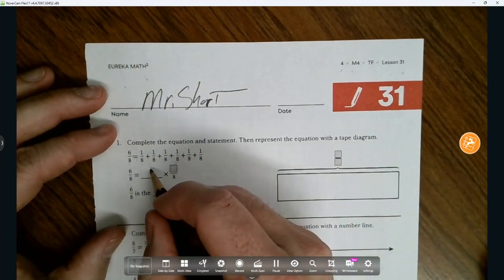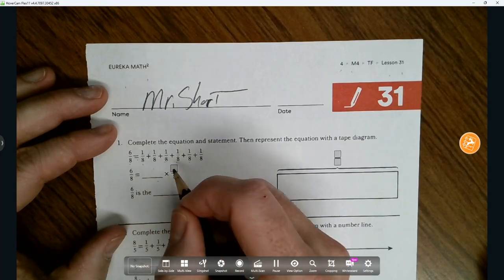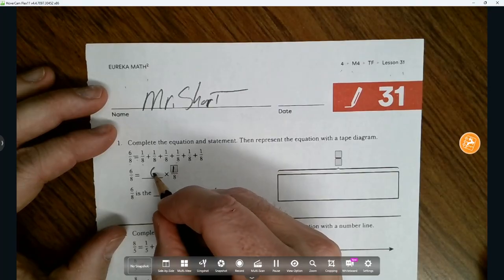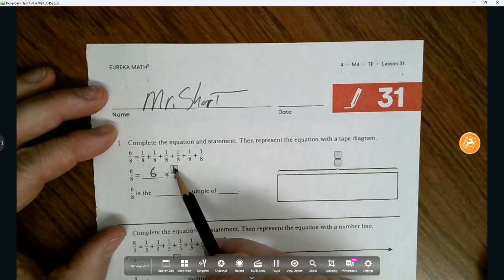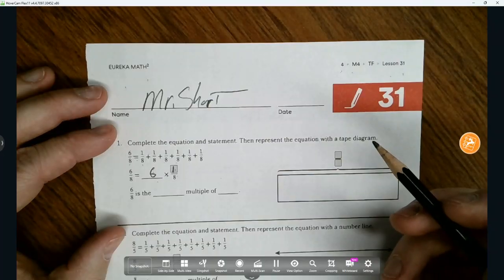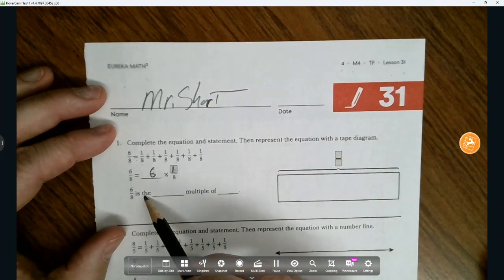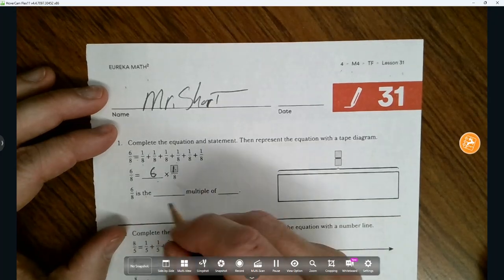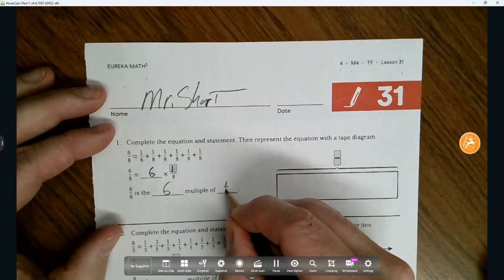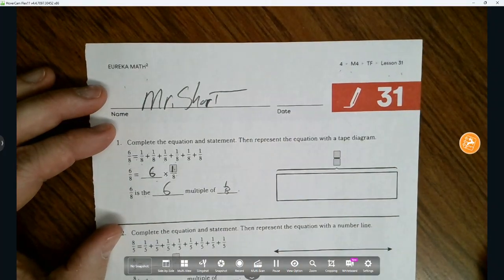So 6/8 equals our 1 there, and our 6 here, because 6 times 1 is 6. So 6/8 is the 6th multiple of 1/8.